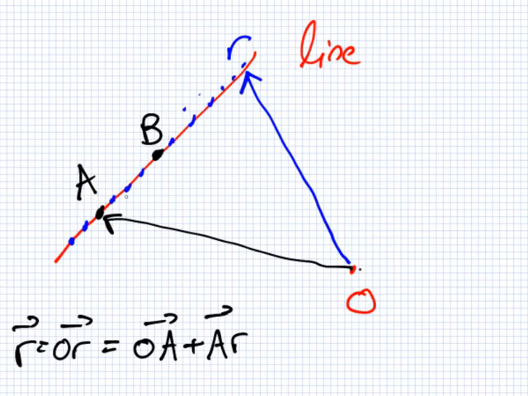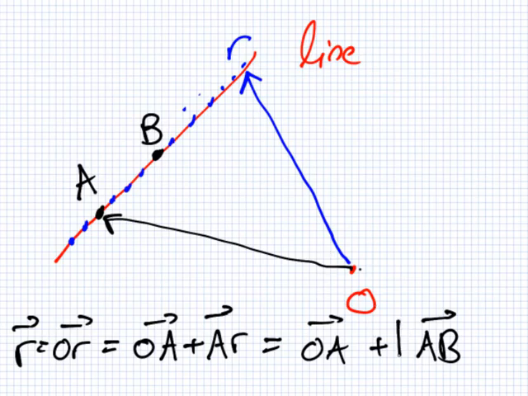What you're saying is OR is the same as OA plus AR. But AR is the same as what? It's kind of like AB except for one difference. In this case it looks like double, but it will be some number, I'll call it T, multiplied by AB. And you don't know what the T is. The T will be different depending on where the point is on the line.